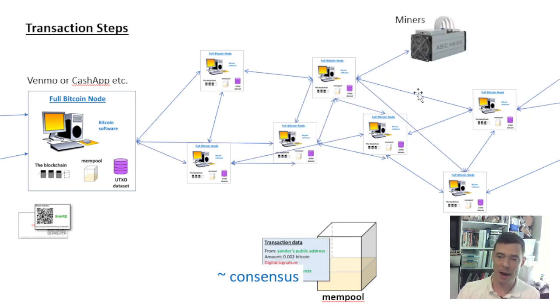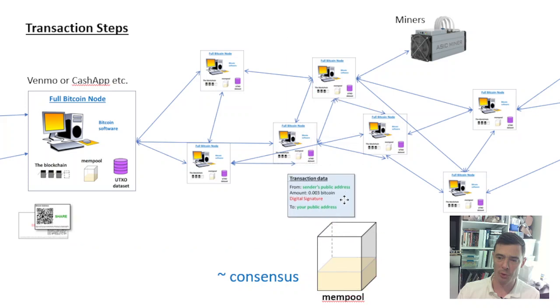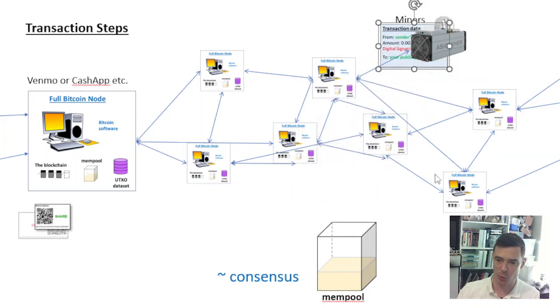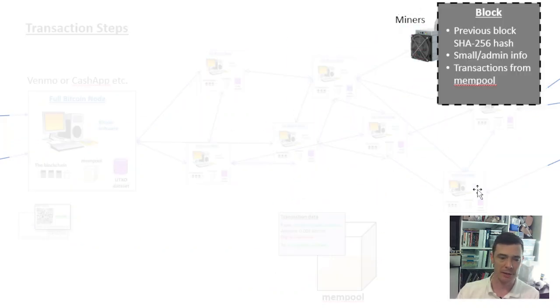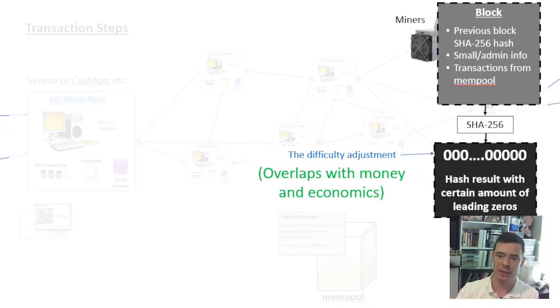So now the Bitcoin miners come in and they're going to pull the transactions out of the mempool, because they're working on the next block. So they have a block template, it's got transactions in it. They'll throw your transactions into this block, and what they do is continuously adjust this information and run it through a hash function, and they try to land on a target hash result that's got a certain number of leading zeros.